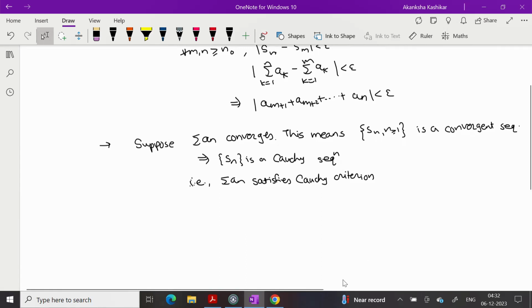On the other hand, if I start by saying that summation an satisfies Cauchy criterion, so this is the second part of the proof.